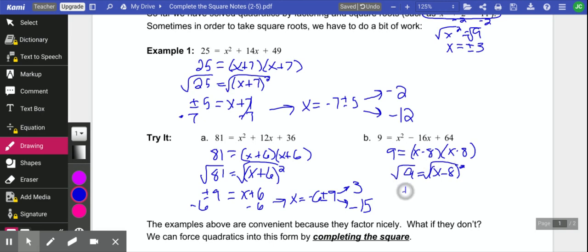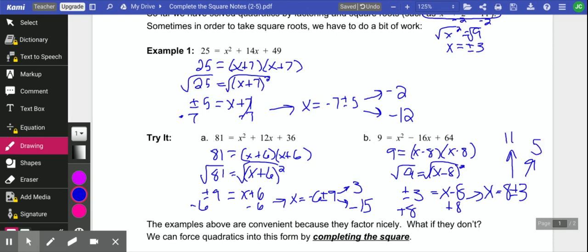You introduce the square root, so we have plus or minus 3 equals x minus 8. We'll add 8 to both sides, so x is 8 plus or minus 3. And that gives us two different answers. I'm going to put them both up here. 8 plus 3 is 11, and 8 minus 3 is 5.